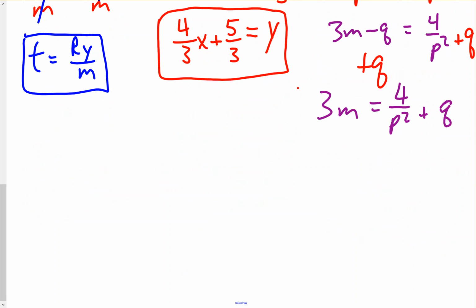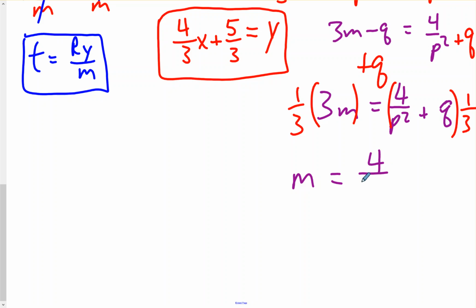Multiply both sides by a 1/3. So then you'll get m equals, and now you could distribute the 1/3 to each term. So we have 1/3 times 4 over p squared, so that would be 4 over 3p squared, plus 1/3 times q would be q over 3. Okay, and then this will be the final answer.